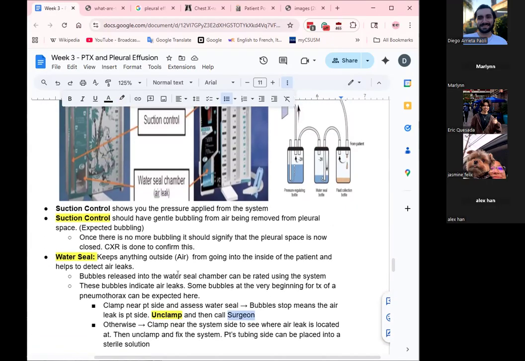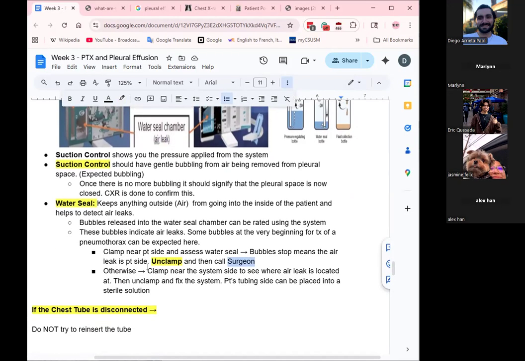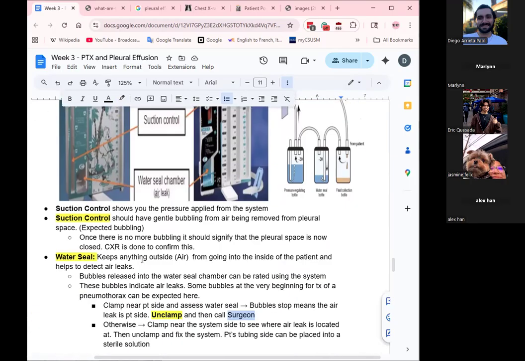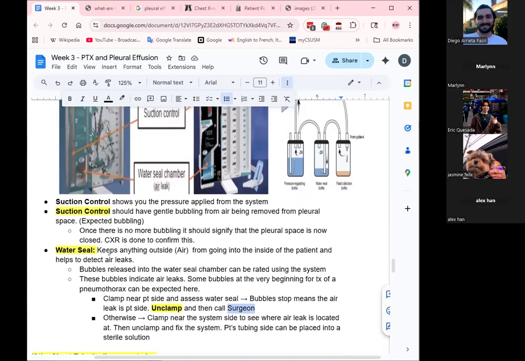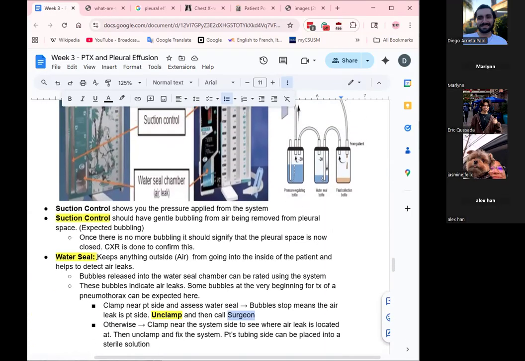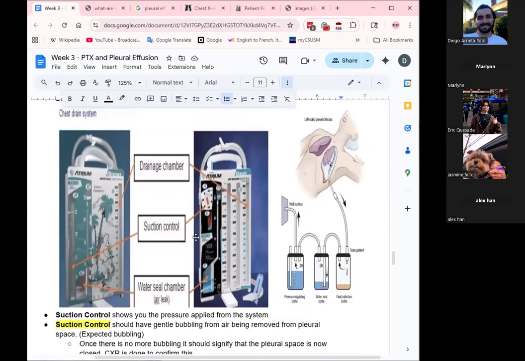If there is a leak and it's machine side, then you're going to unclamp and just replace the system. You can take a bottle of sterile water or normal saline, have it open, disconnect the tubing from the atrium, and put that tubing inside of the water.